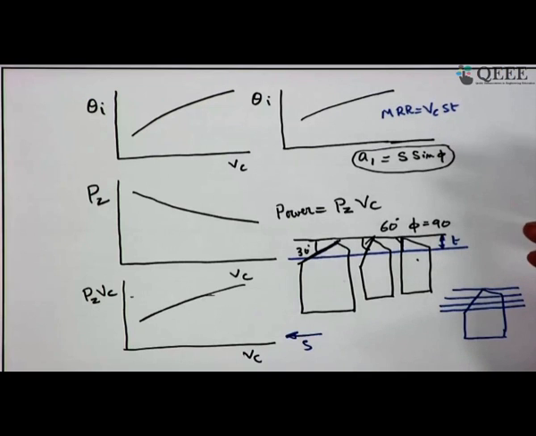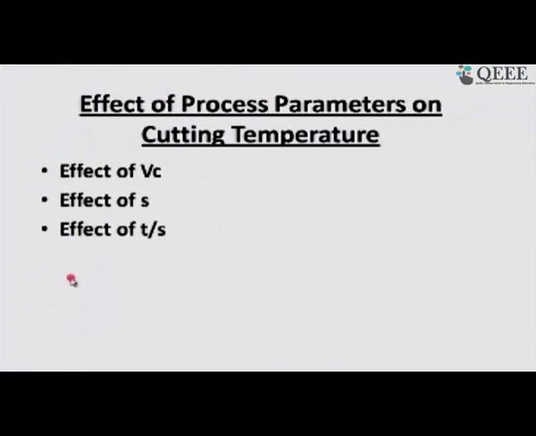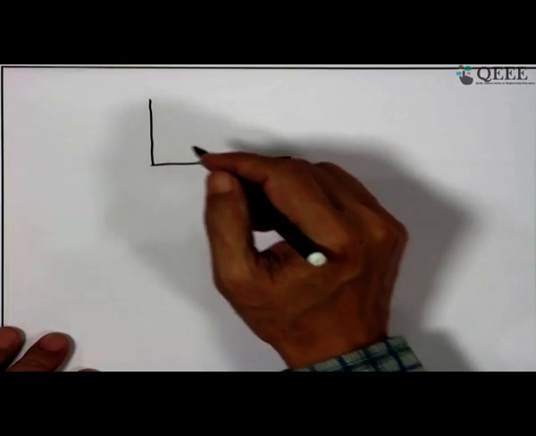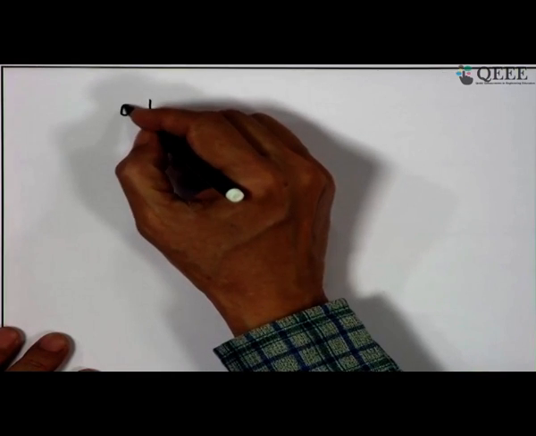So, it is said that for thermodynamic load, depth of cut has not much role to play, and it is rather safe to increase the depth of cut, provided it is permitted by the dimensional requirement of the work. Finally, we come to this effect of T by S. What is this T by S, friend? Very important, ratio of depth of cut to speed.